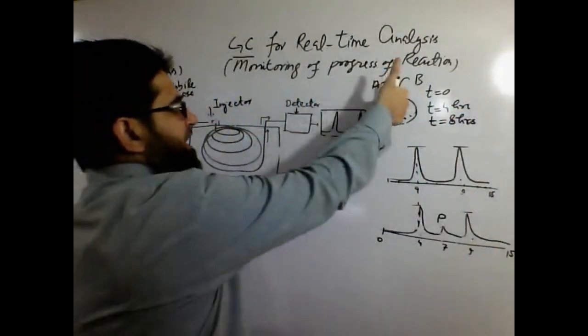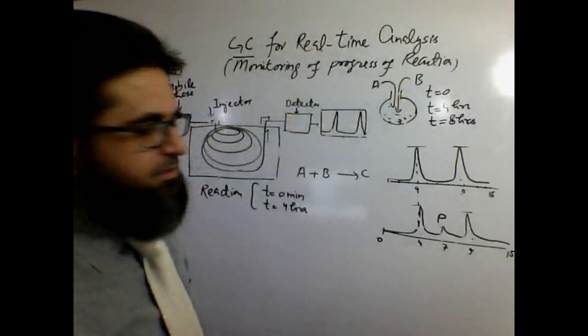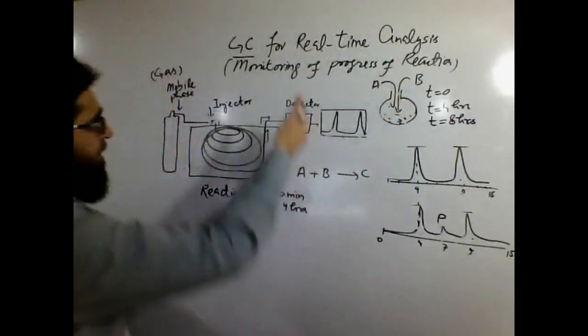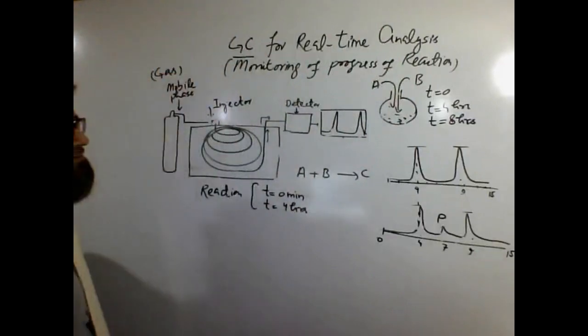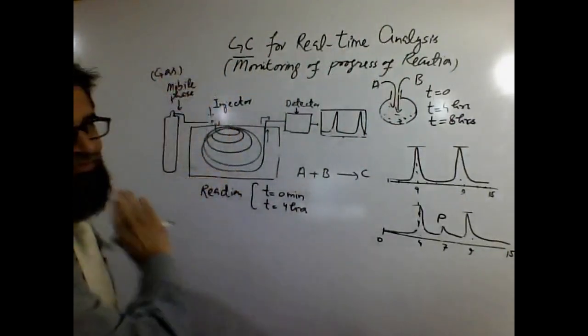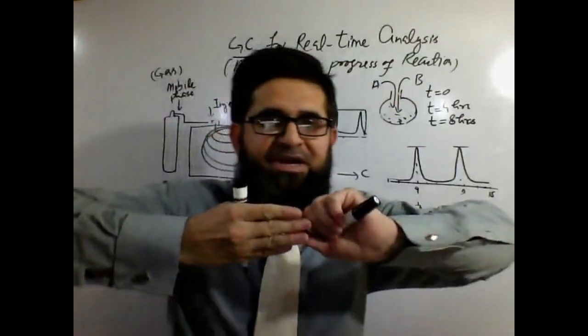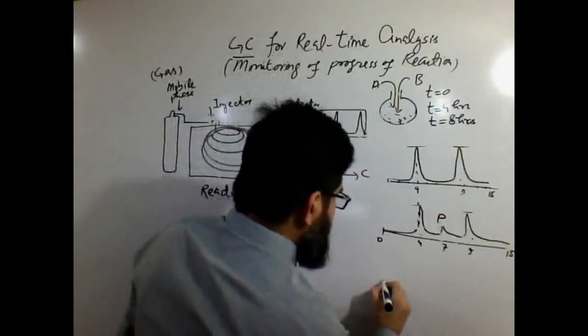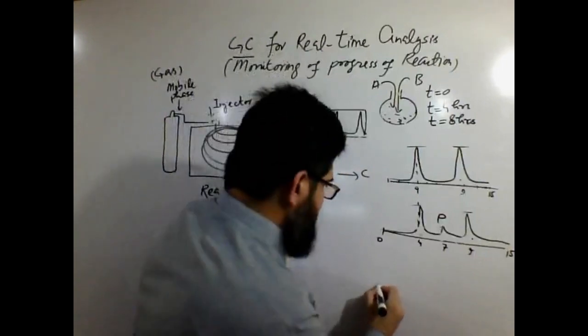we take another sample out of the flask and we inject it again into the GC and let the GC run again for 15 minutes to complete its analysis. Let's say from 0 to 15 it is observable. Yes, it is.